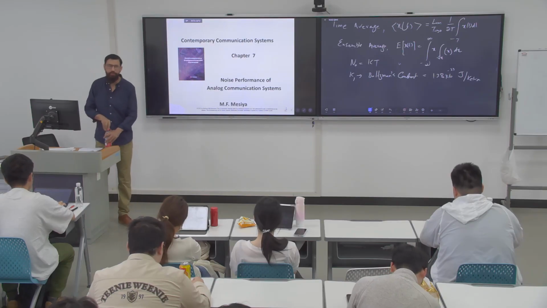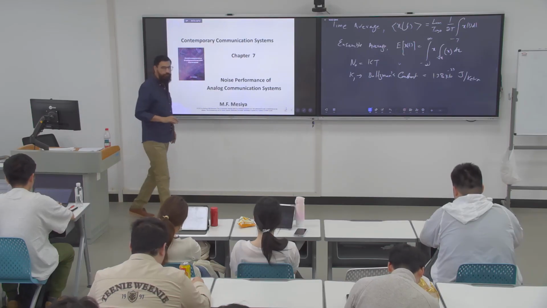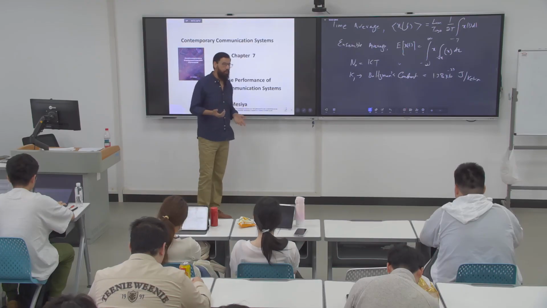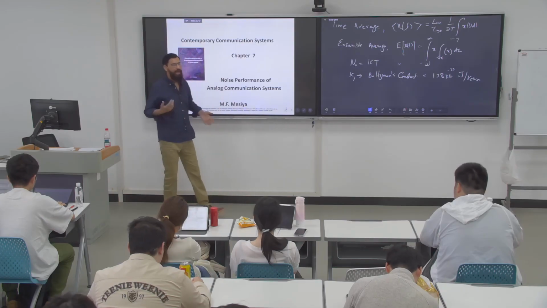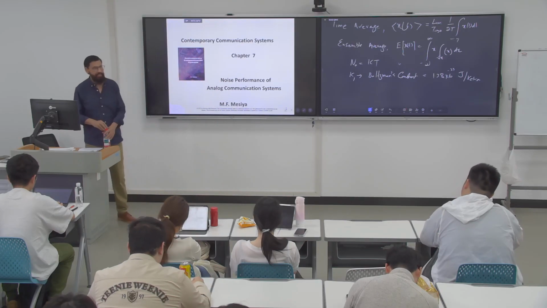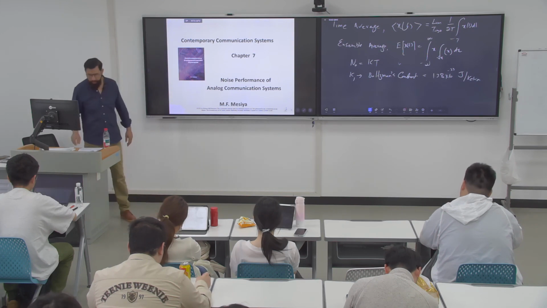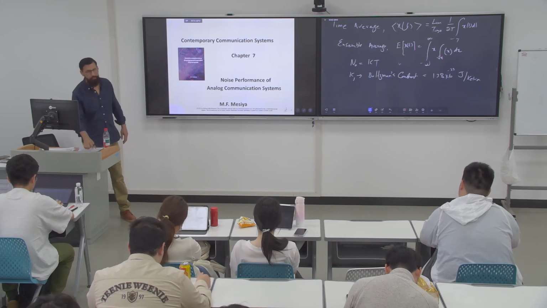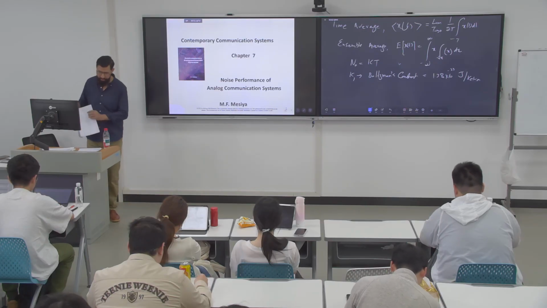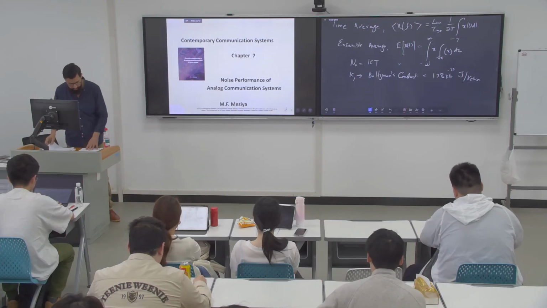So now we need to consider the effect of noise on the signal. Remember SNR, signal to noise ratio? Now we will talk about how noise affects the signal quality in this chapter.